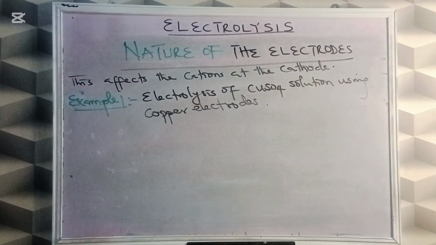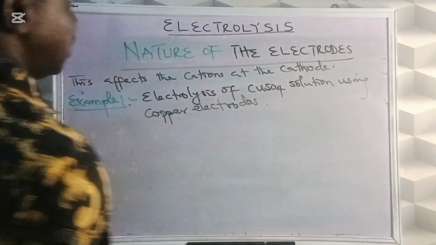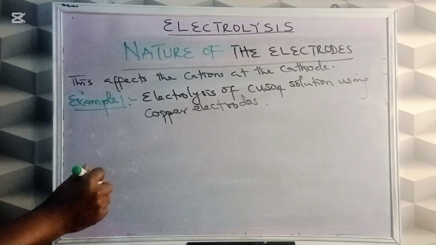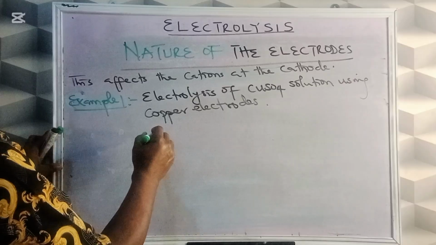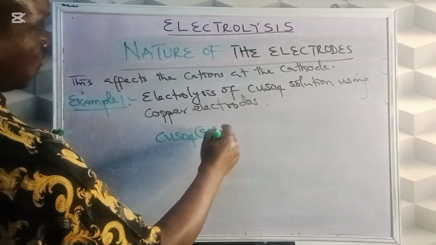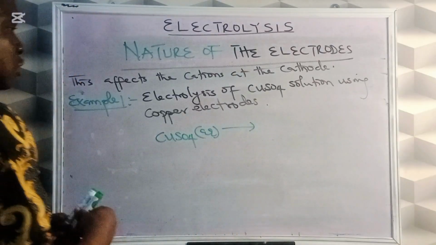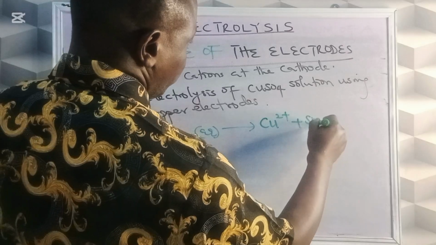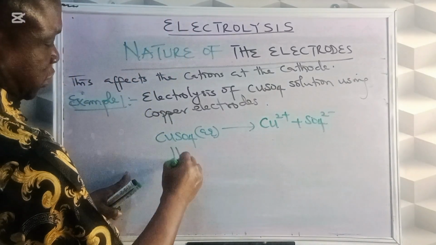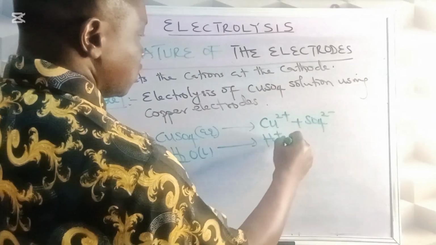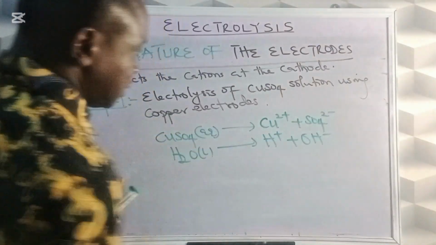This one, we want to test how the nature of the electrode affects the preferential discharge of ions during electrolysis. So let's see the chemistry of the reaction. You have copper(II) sulfate solution, we ionize to copper(II) ion plus SO4 2 minus. Then water we ionize to hydrogen ion plus OH minus.